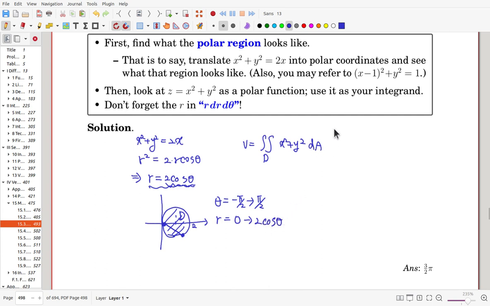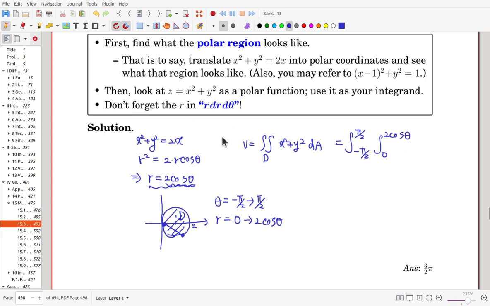So for this integral, we can convert it into polar coordinates. The angle is minus pi over 2 to pi over 2, and r is from 0 to 2 cosine theta.